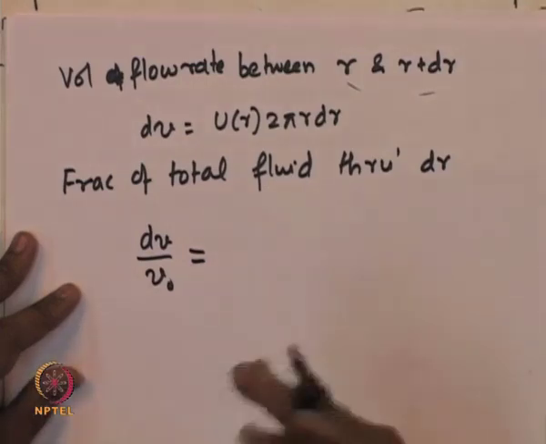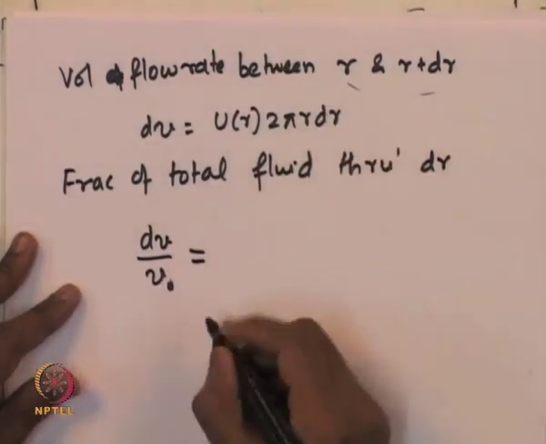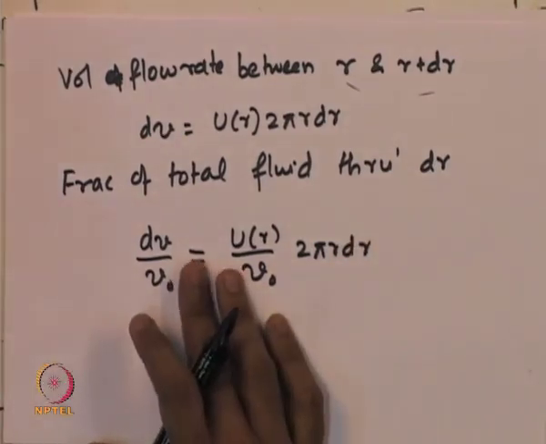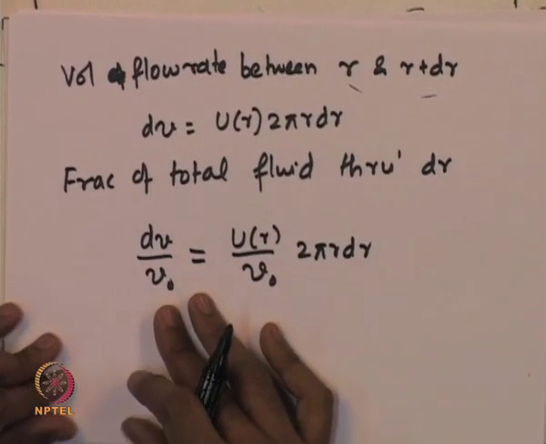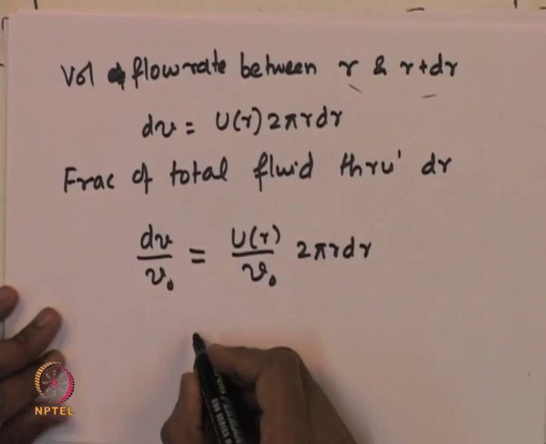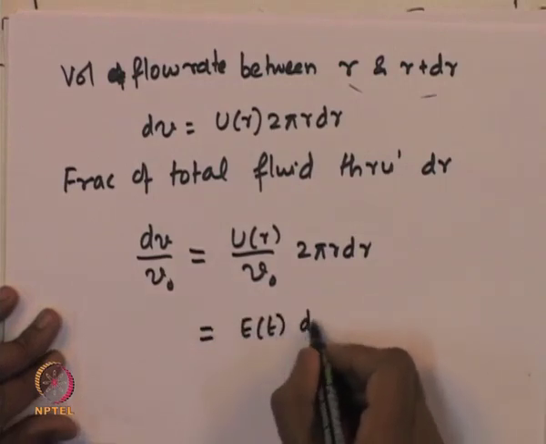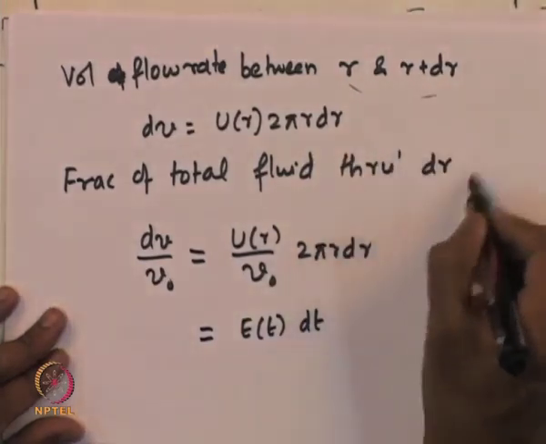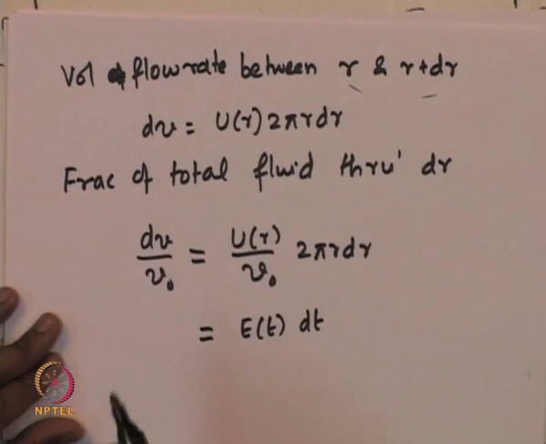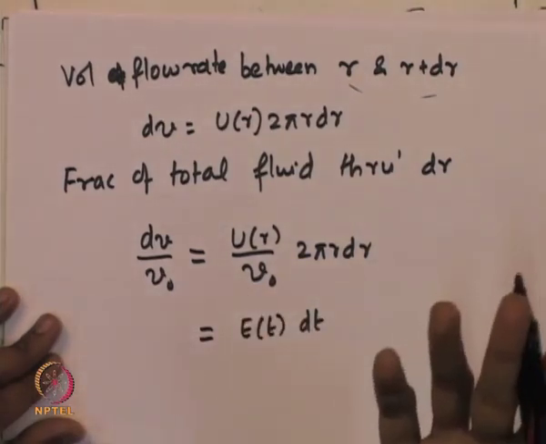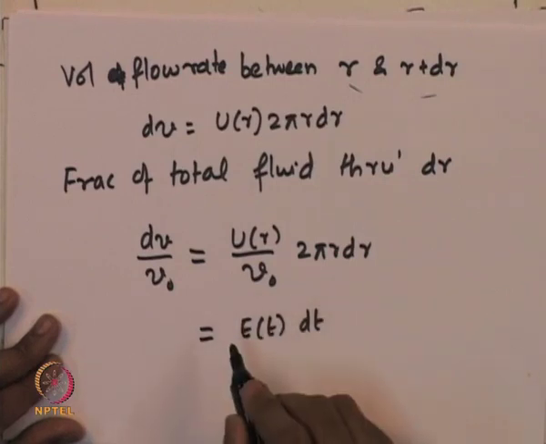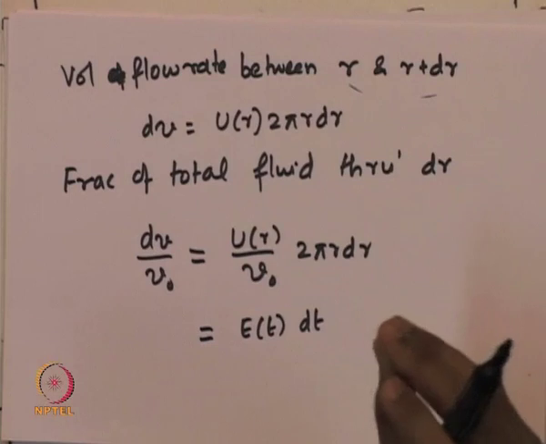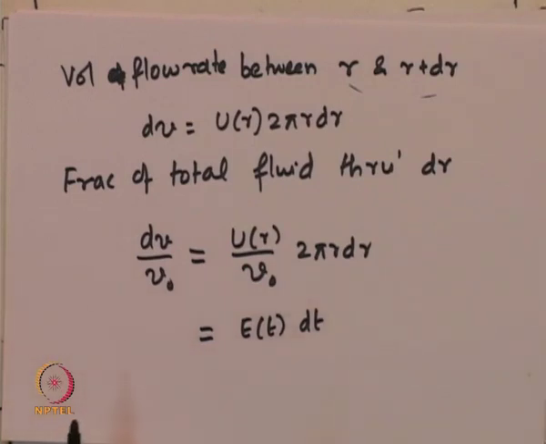That is given by u of r divided by V naught into 2 pi r dr. In fact, that is nothing but E of t into dt, because the fraction of the fluid flowing through this small element dr, which is spending a time between t and t plus delta t, is what is given by this RTD function E of t dt, and that should be equal to dV by V naught, the fluid flowing between V and V plus dV, whose residence time is between t and t plus delta t.